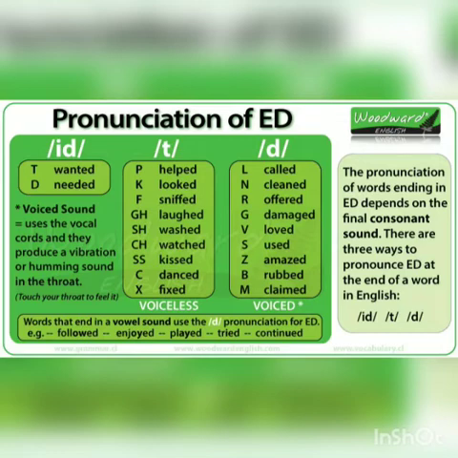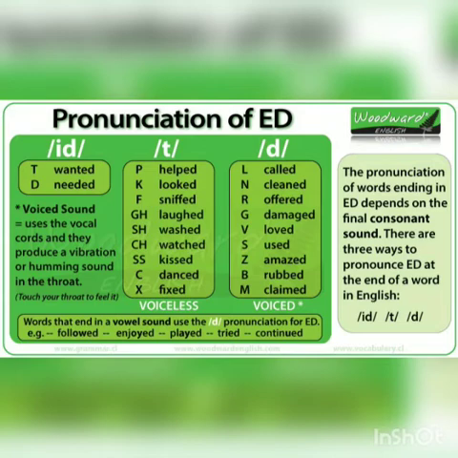The n in the verb clean becomes cleaned. The r in offer becomes offered. In damage, the j sound, so I say damaged. Love becomes loved.